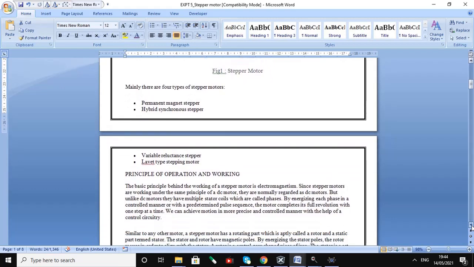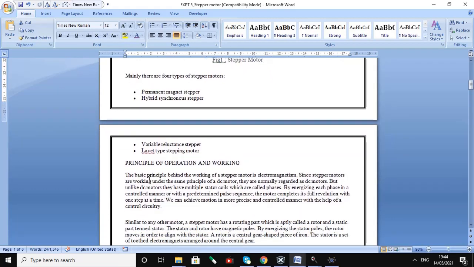Now, the principle of operation and working. The basic principle behind the working of a stepper motor is electromagnetism. Since stepper motors work under the same principle as a DC motor, they are normally regarded as a DC motor. But unlike the DC motor, they have multiple stator coils which are called phases.